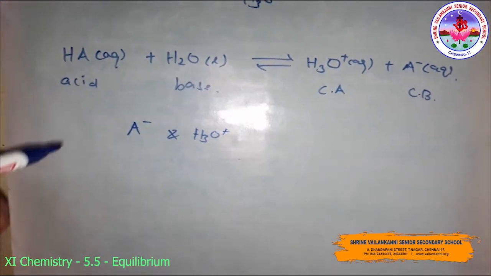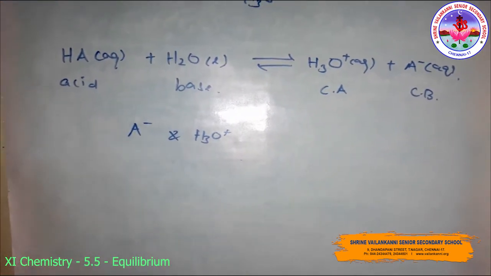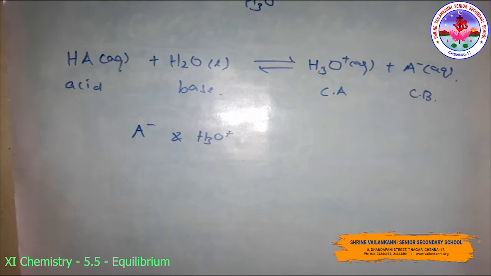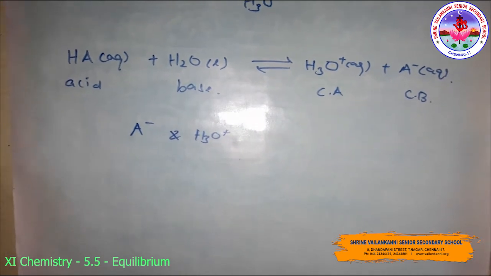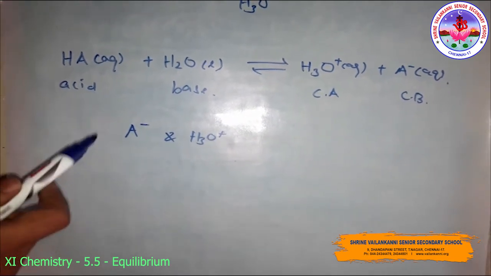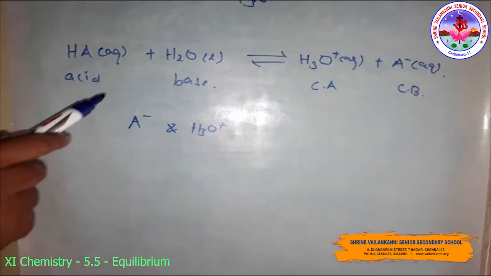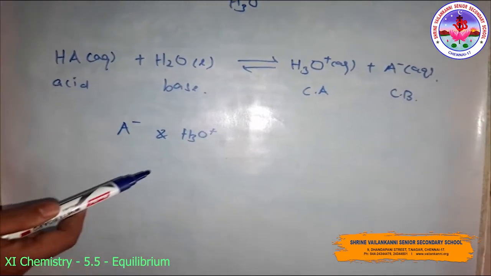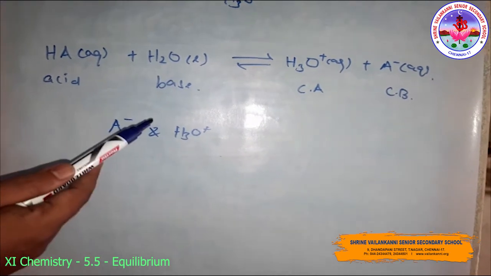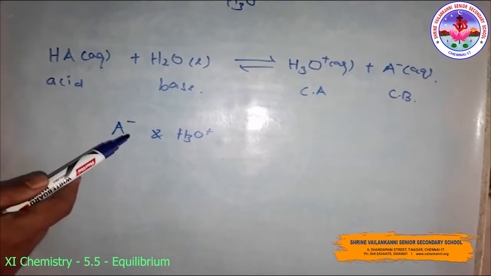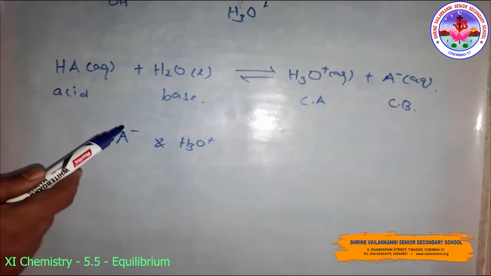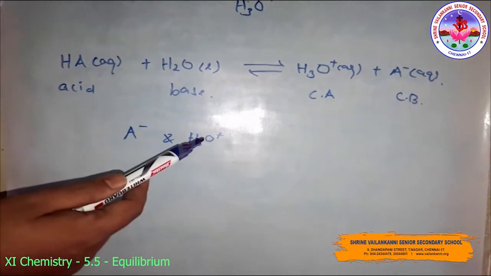So the equilibrium moves in the direction of formation of the weak acid and the weak base, because the stronger acid donates a proton to the stronger base. It follows that if the stronger acid dissociates completely in water, the resulting base formed would be very weak. That is, strong acids have very weak conjugate bases.